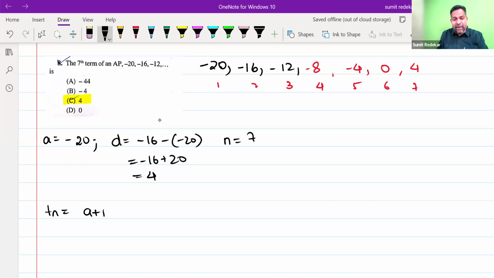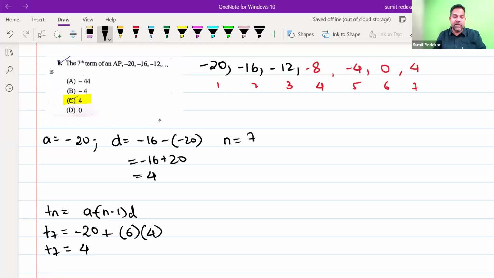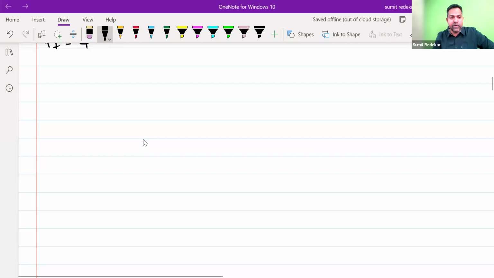Tn is a plus n minus 1 into d. The 7th term is negative 20 plus n minus 1, which is 7 minus 1, which is 6, into d, which is 4. The 7th term is 6 4s are 24, minus 20 is 4. The answer to that is C, 4. That is question number 8.